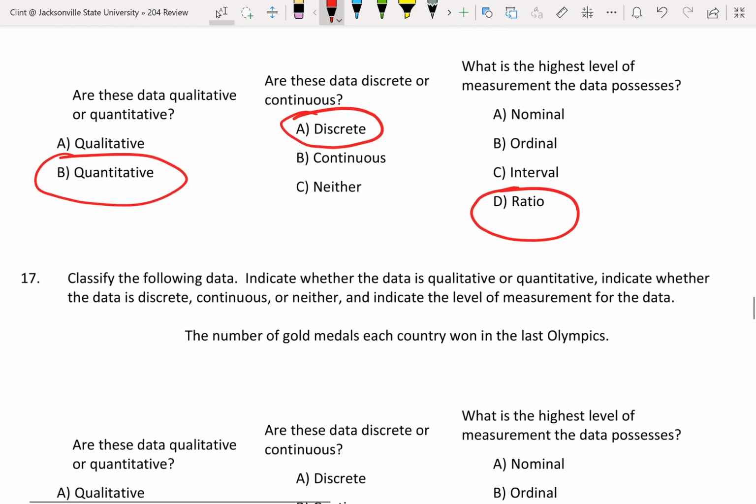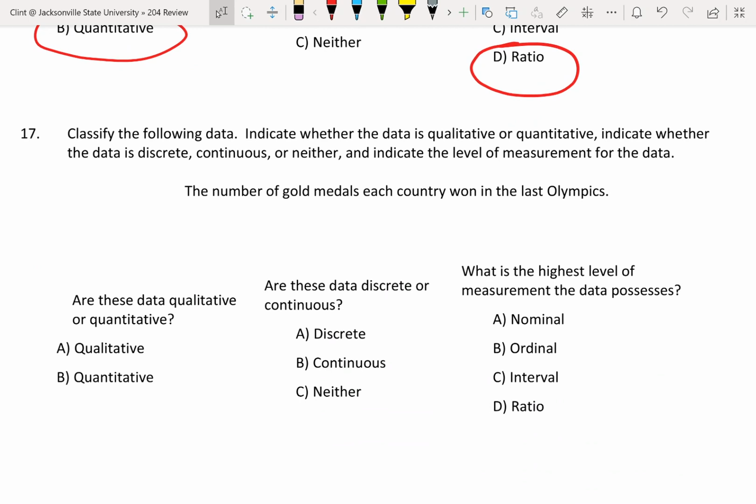Okay. 17. We got the number of gold medals each country won in the last Olympics. Okay, so would that be qualitative or quantitative? That's quantitative, we're counting again. And then what about discrete, continuous, or neither? That's discrete again. Kind of a real similar problem here.